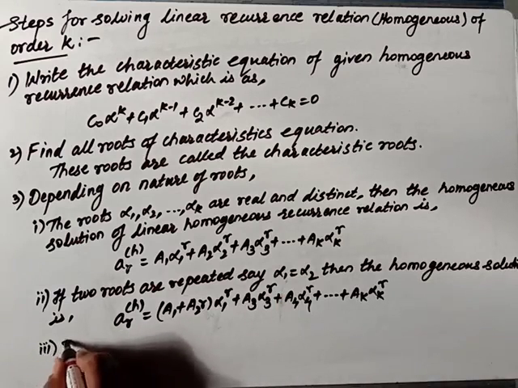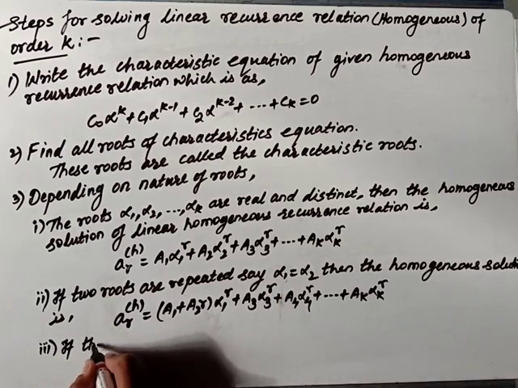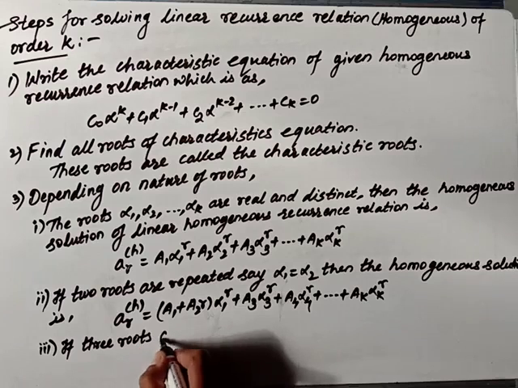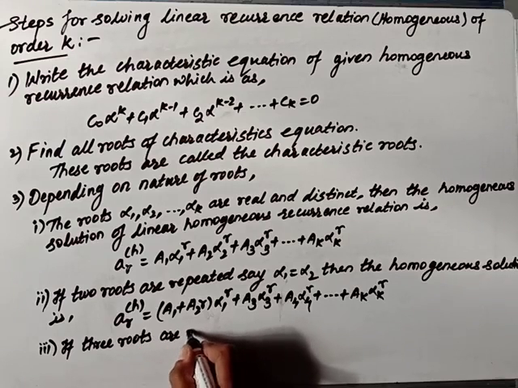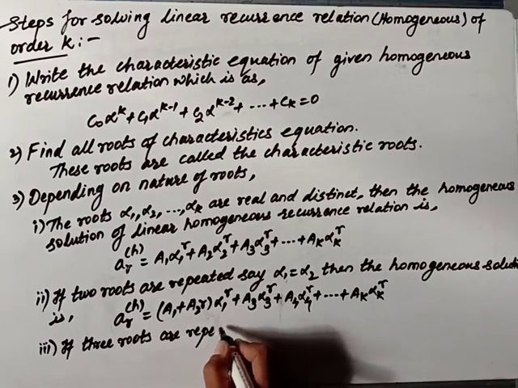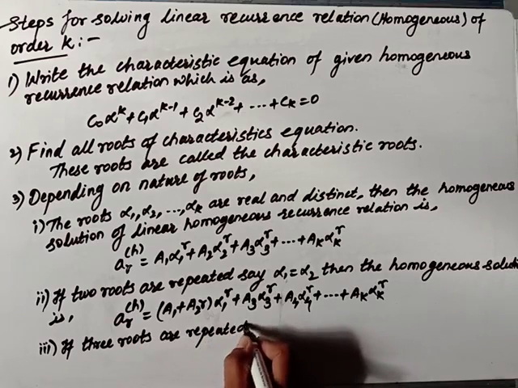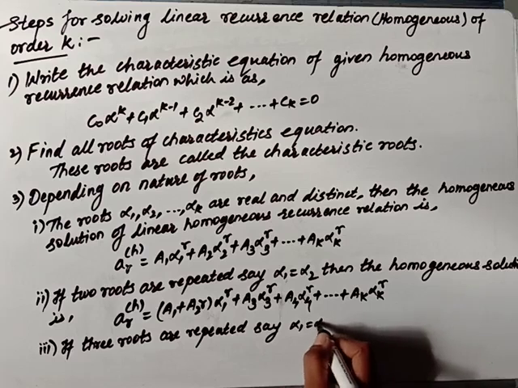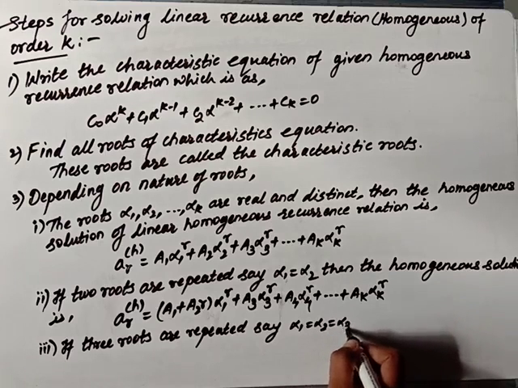Now let me take the same one. If three roots are same, sometimes it may happen that three roots are repeated. Suppose alpha 1 equals alpha 2 equals alpha 3.